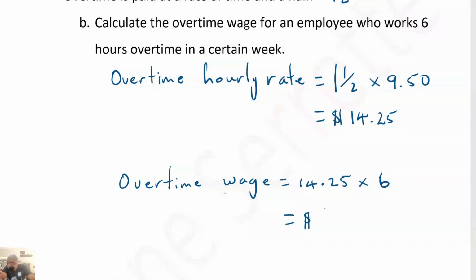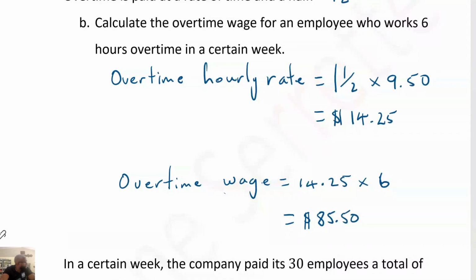You're sure? 14.25 multiplied by 6 is $85, and so you're sure it's not $85.05. That's $85.50. You get the same thing? Right. Everybody good there? That's my overtime wage.